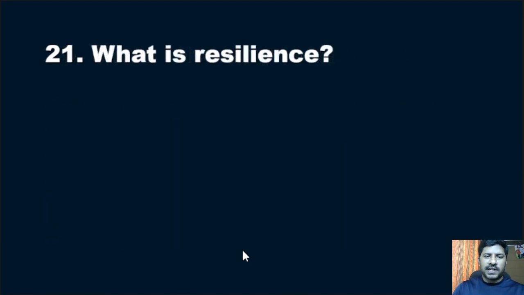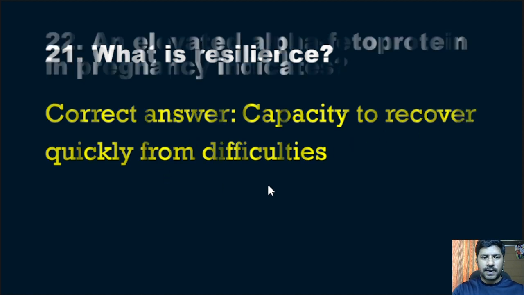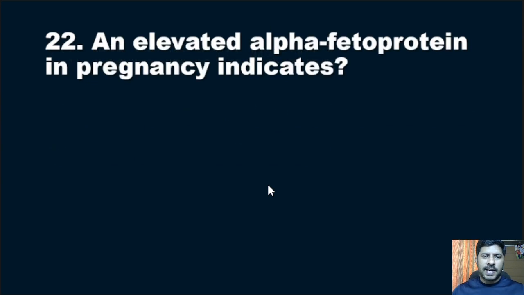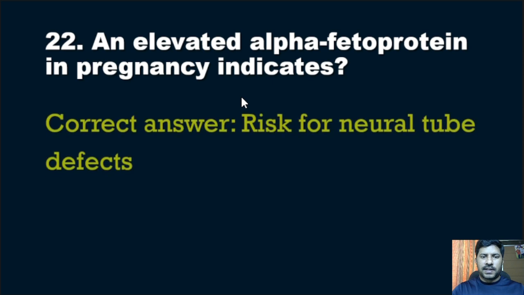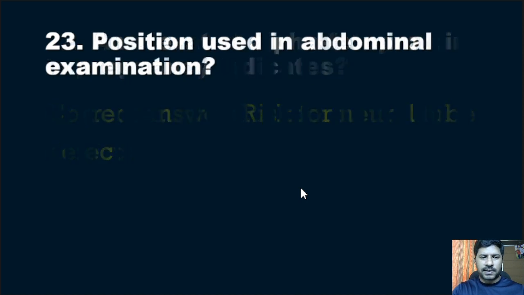Next question. What is resilience? Resilience means capacity to recover quickly from difficulties. Next question. An elevated alpha-fetoprotein, AFP, in pregnancy indicates risk for neural tube defects.